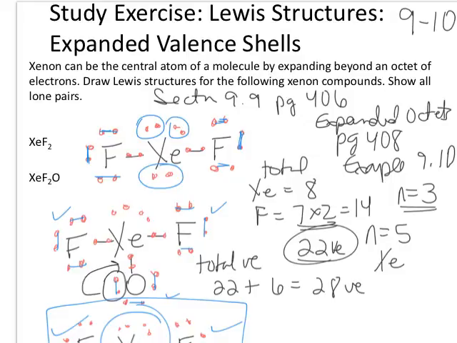So basically an expanded octet can happen because xenon is in group 8, in row 5, n equals 5. Anything with n equals 3 or larger can form an expanded octet. So in this case, you do your Lewis structure for these 2 compounds here, xenon with 2 fluorine, and you get a total of 22 valence electrons.